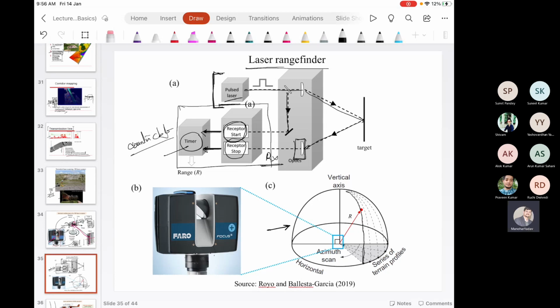And when the scanner rotates on its own, the entire scanner assembly rotates, then it shifts to another line. Okay. So we have a series of terrain profiles that we get by the horizontal as well as vertical rotation that we provide to this laser scanner unit.